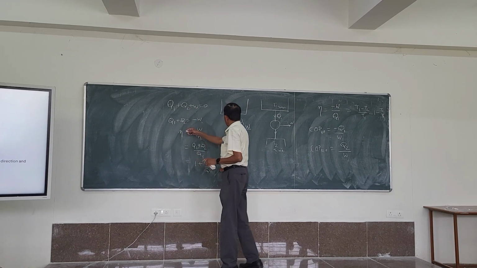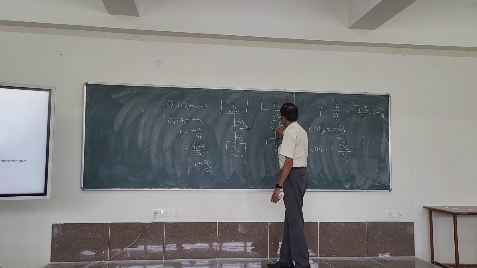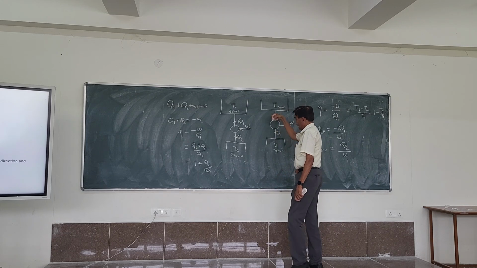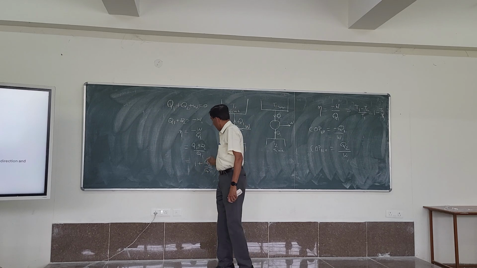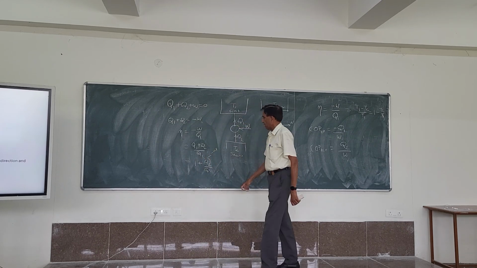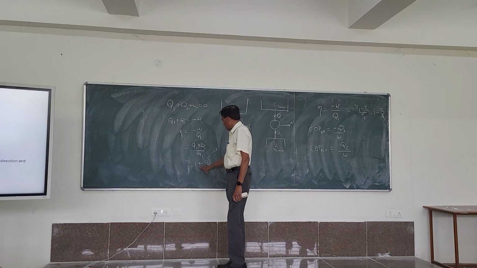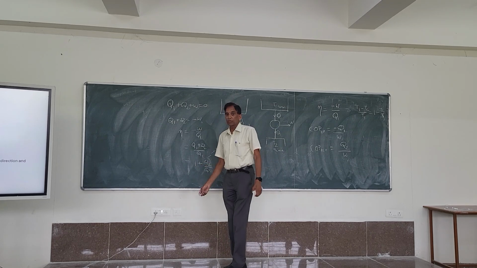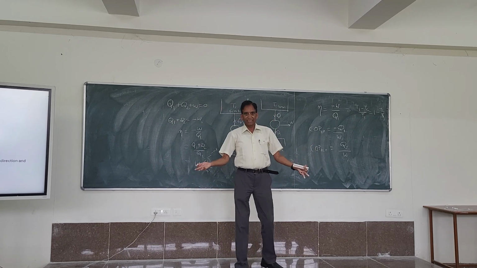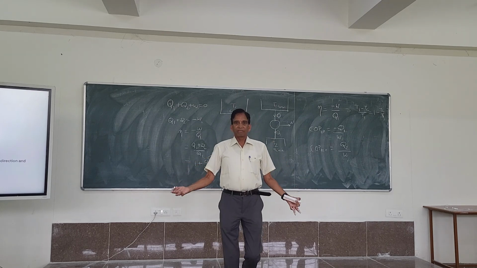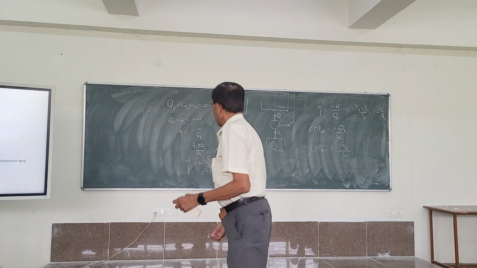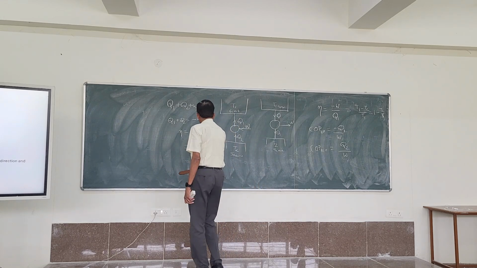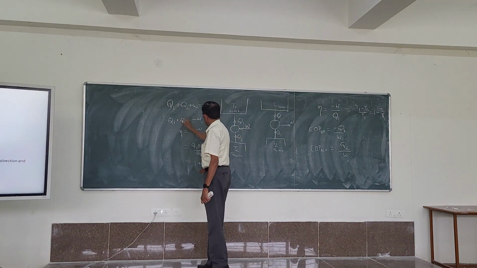But you must know that in this case, Q2 will be negative. Or even if you take Q1 minus Q2 divided by Q1, heat supplied minus heat rejected divided by Q1 will give you the efficiency. So there are two forms, and this Q2 will be negative.